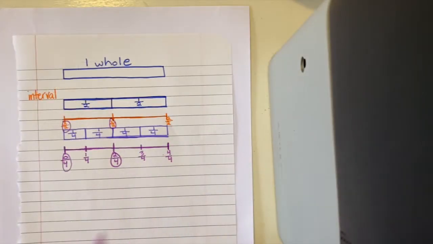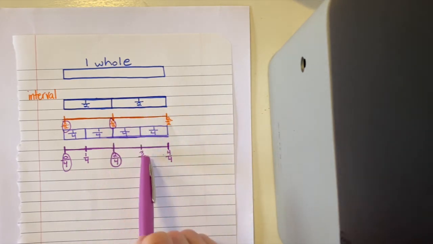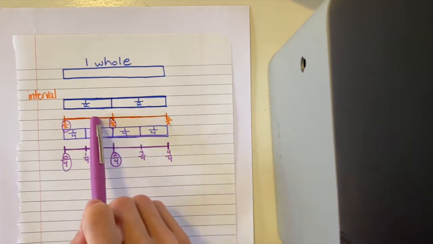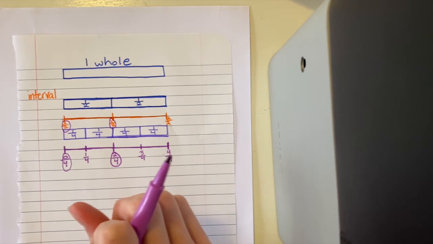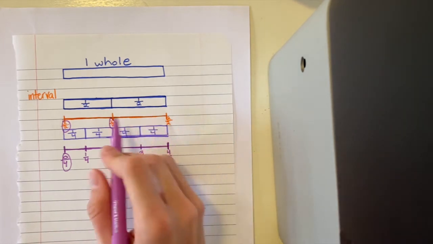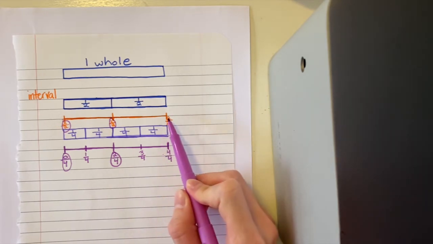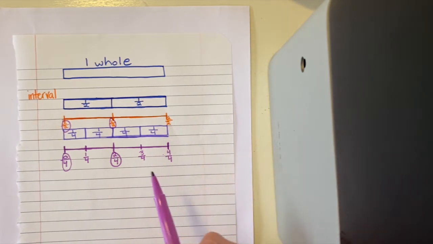Now looking at the 3/4, do you notice any fractions up here that are on the same point of the number line as 3/4? No, because this only has 2, there is not a tick mark up here for 3/4, so no halves are going to be equivalent to 3/4. Lastly, on the number line, we have 2 halves, 4/4.